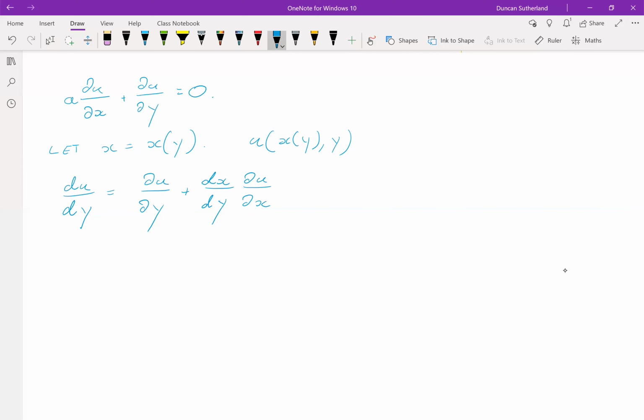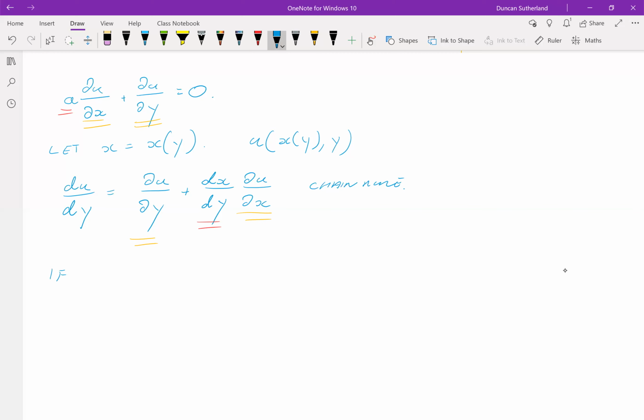So that's the chain rule. What we note is that this looks like this. So if those two things are equal, if dx dy equals a, then du dy equals this expression here, and is equal to 0.